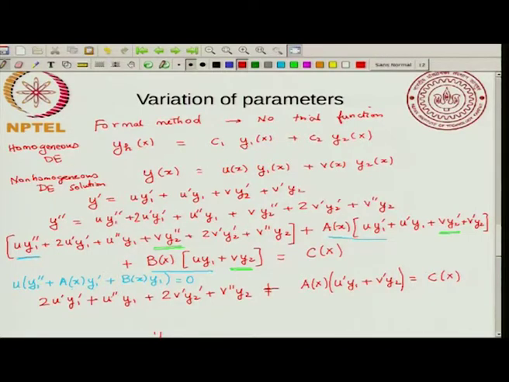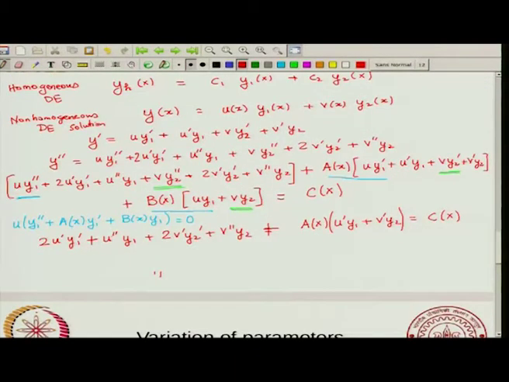Even this itself is not that straightforward to solve, because you have u and v, and in general you cannot solve it straightforwardly. But you can do one thing: you can look for solutions. Here is a trick that we use.